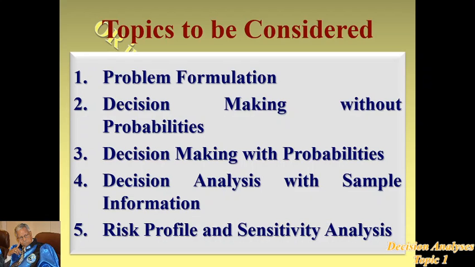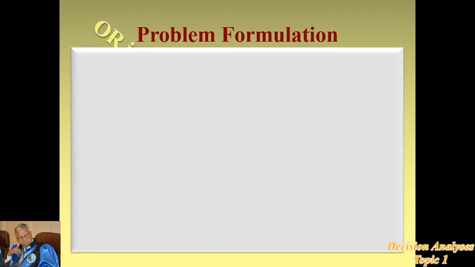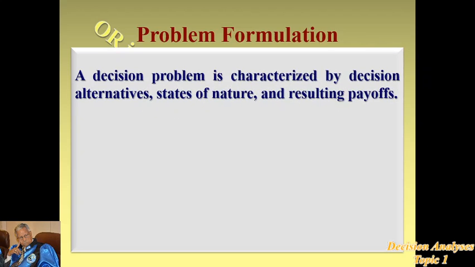Let us go to problem formulation. How can we formulate a decision problem? A decision problem is characterized by decision alternatives, states of nature, and resulting payoffs. And this is what we mentioned in our first lesson in this class.